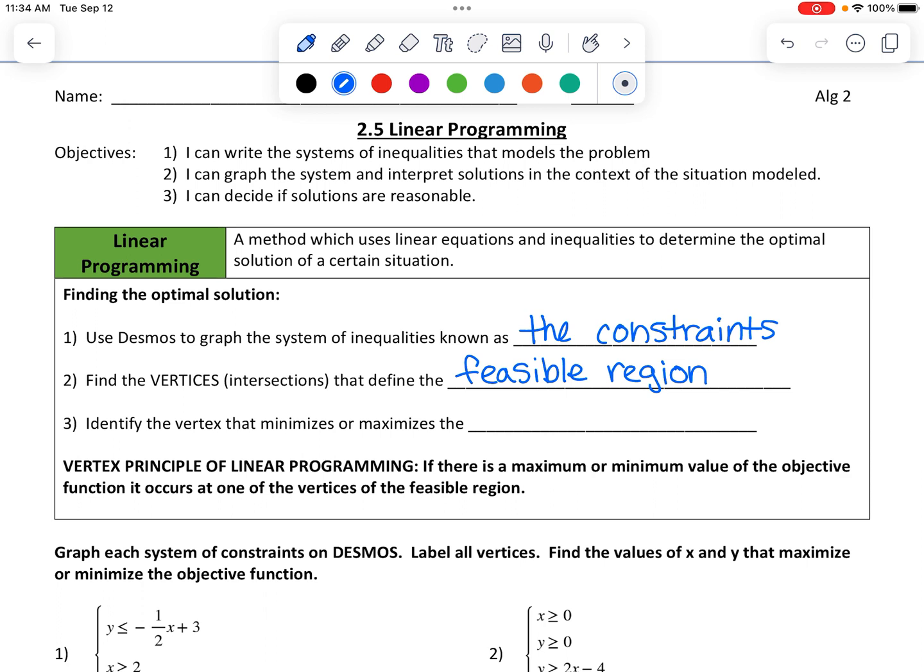And then third here says, identify the vertex that maximizes or minimizes the objective function. So we're going to use those different vertices or intersections that we find once we graph, and it's going to create our maximum and minimum. And then depending on the context of the situation, we'll be able to determine the best course of action, whether we want to look at that maximum or look at that minimum.